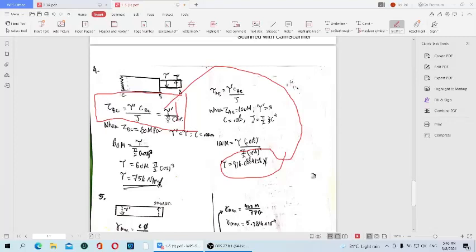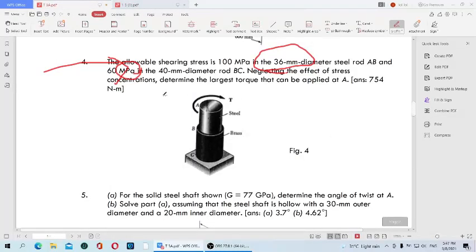Then, as this value increases, the shear stress produced at shaft BC will increase, which will exceed the allowable shearing stress and cause it to fail.